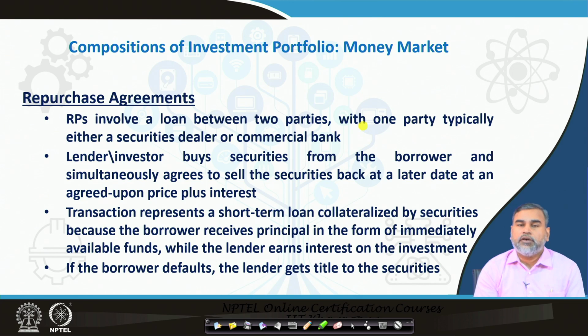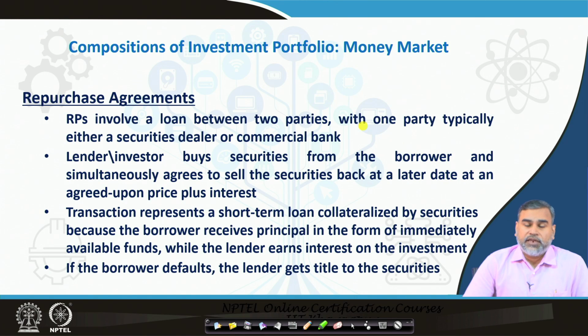The lender or the investor buys the securities from the borrower and simultaneously agrees to sell the securities back at a later date at an agreed upon price plus interest. The same thing happens in monetary policy when the Reserve Bank of India or central bank parks the money with the commercial bank with an agreement that on a later date they will get back that money and against that they will pay the interest. It is just opposite to the repo rate.